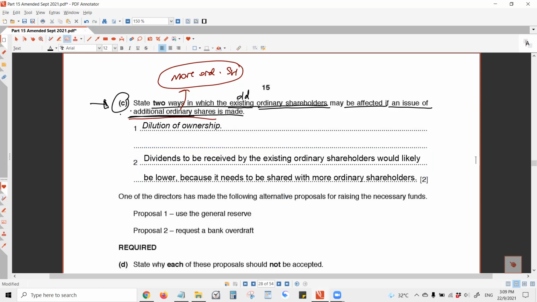Okay, when you are done, you let me know in the chat box again. Then I go on to explain dilution of ownership.